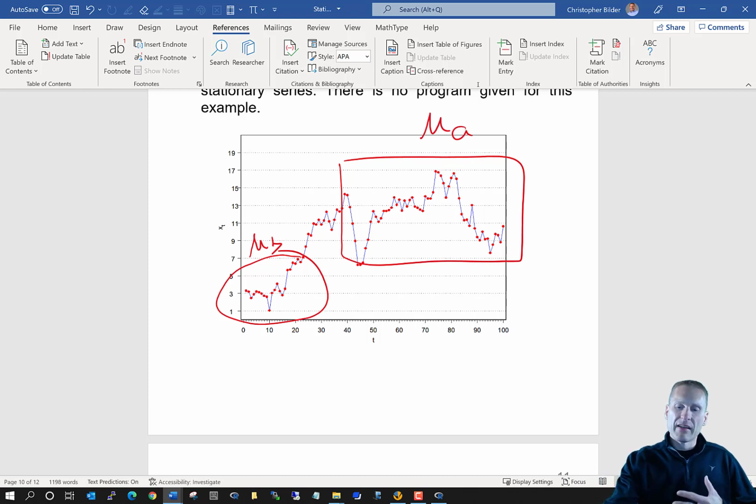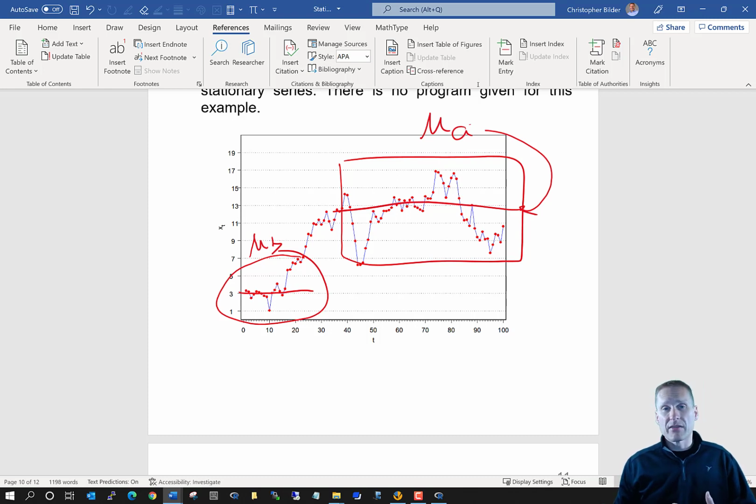If we think of the population mean, mu sub A is maybe right about here relative to the y-axis, and mu sub B is maybe right about here. And so we have basically two different means that perhaps resulted in this observed time series. So in this particular case, I would not have stationarity.